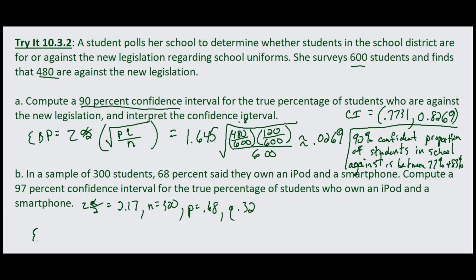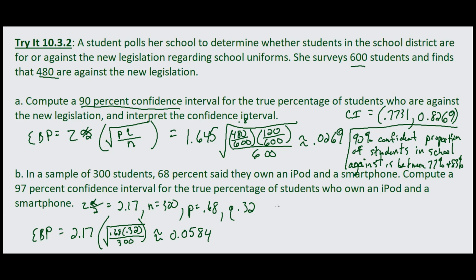So using the same formula, error bound on the proportion equals, we said the z-score is 2.17, times the square root of 0.68 times 0.32 divided by 300, which is approximately 0.0584.